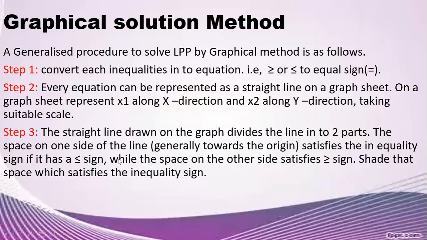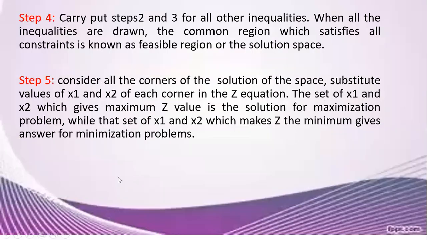This we are going to learn in detail while solving the problem. Step 4, carry out the first, second and third steps for all other inequalities. When all the inequalities are drawn, the common region which satisfies the constraints is known as the feasible region or the solution space of the given problem.